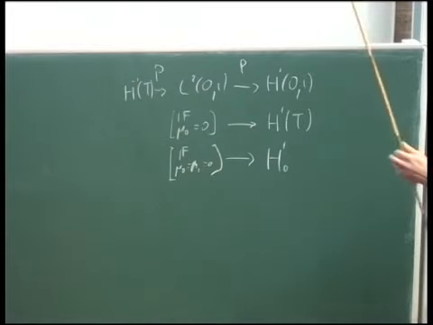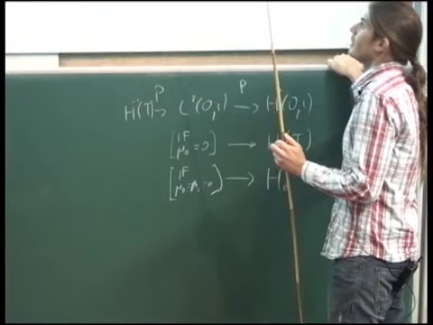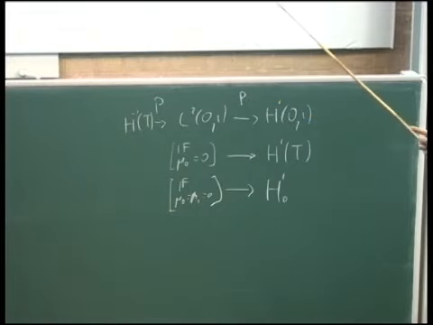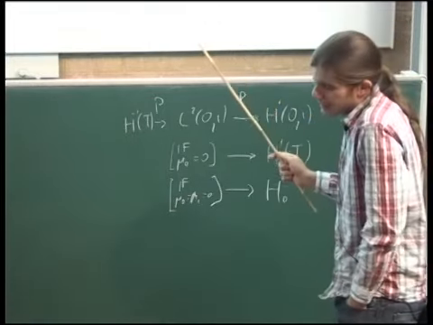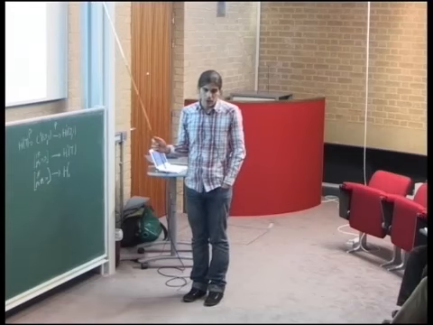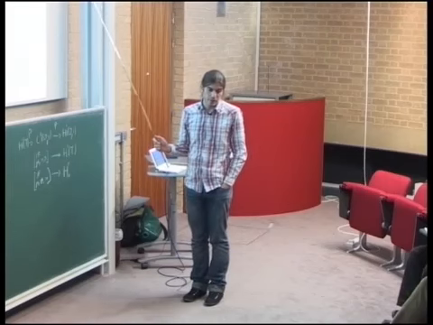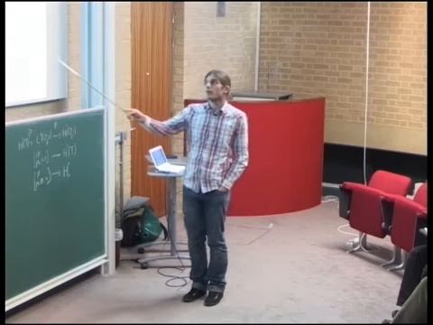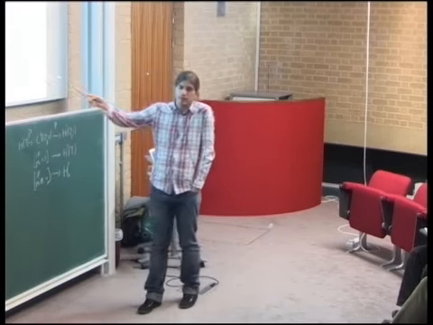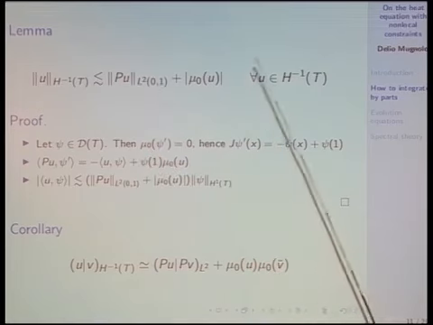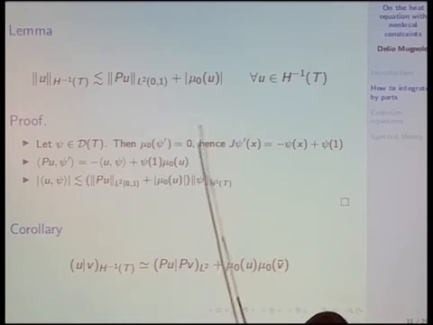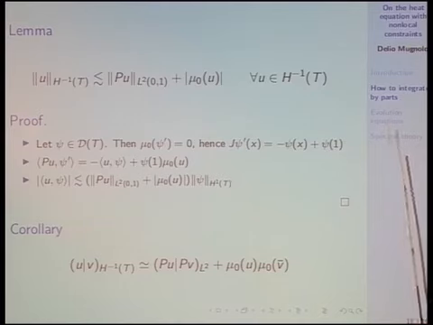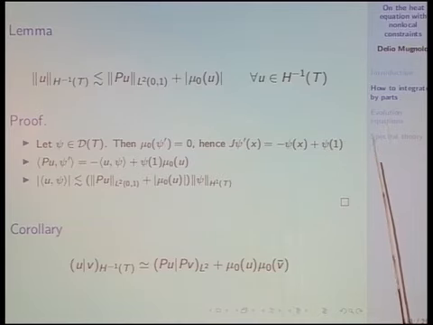Okay, so I'm finally in the position to show which kind of norm is the correct one for this kind of problems. H minus 1 is canonically normed by, so you can either consider just the operator norm for elements of this space, since they are just functionals over H1, or else there is a classical characterization of this space saying that a function is in H minus 1 if and only if it is of the form f1 plus the derivative of f2 for f1 and f2 in L2.